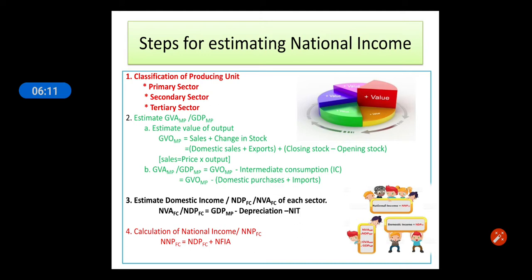So we have to identify which producing unit belongs to which sector. For example, if it is fishing, then we can say that it belongs to the primary sector. If it is transportation, then we can say that it belongs to the tertiary sector. So first we have to identify or classify producing units.